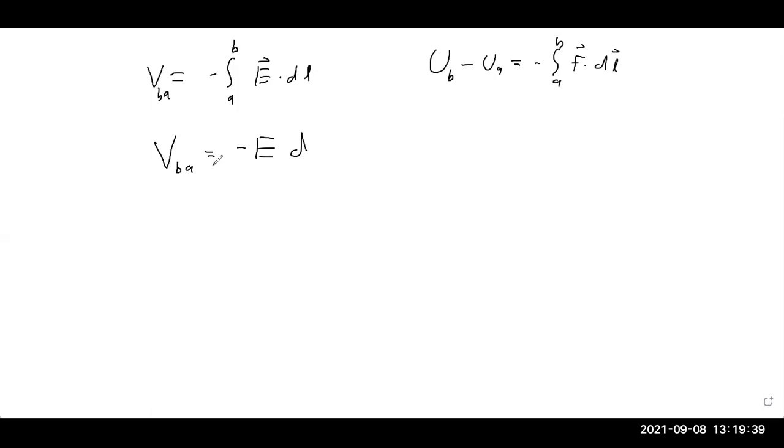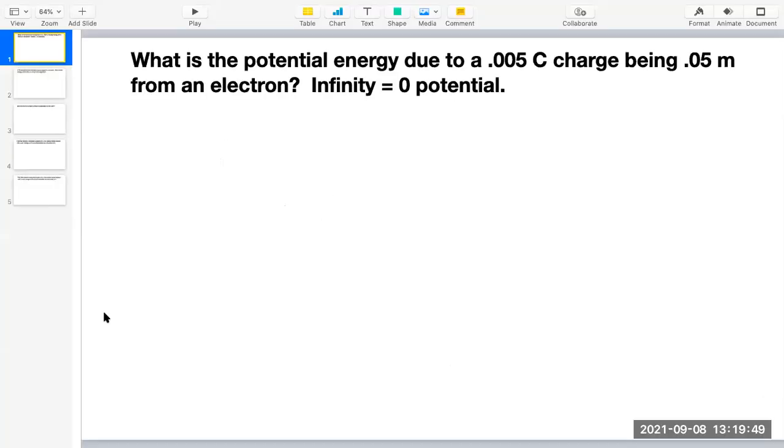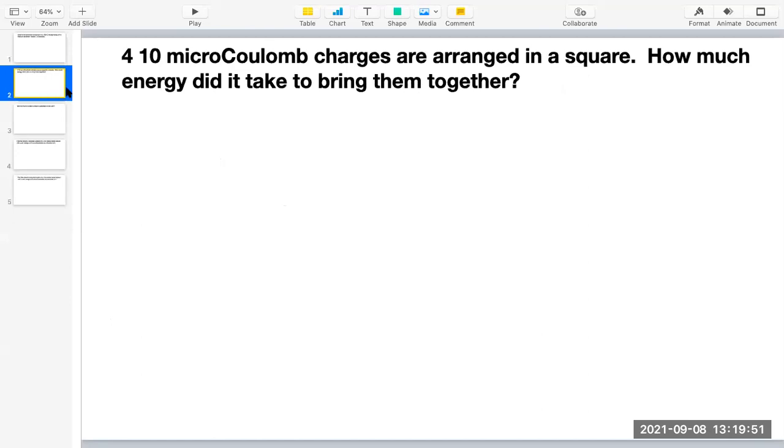Let's work with this a little bit more. If you have 4 charges in a square, how much potential energy would that take? So remember to count every charge pair once.